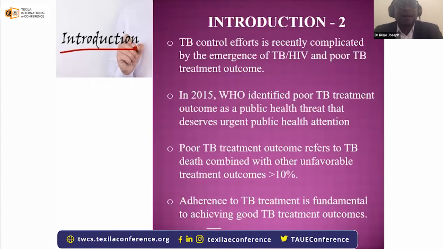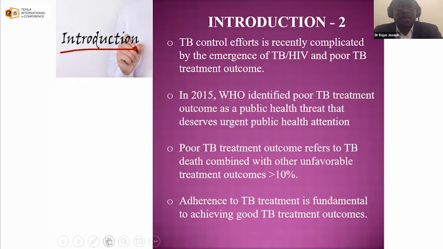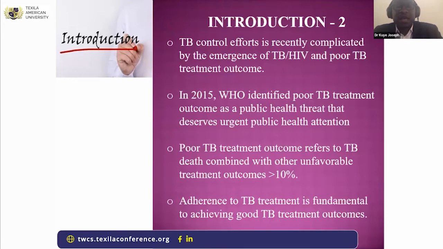Despite this global challenge, TB control effort has also, of recent, been complicated by the emergence of TB-HIV and poor TB treatment outcome. In 2015, WHO, that is the World Health Organization, identified poor TB treatment outcome as a public health threat that deserves urgent public health attention.